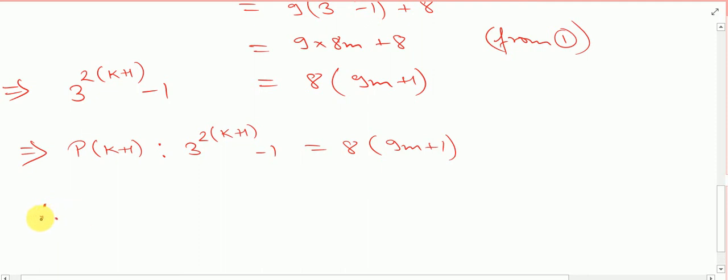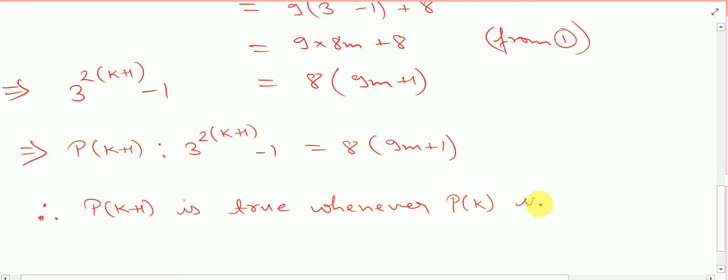So therefore, Pk plus 1 is true whenever Pk is true. Done.